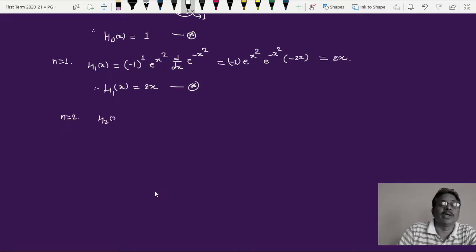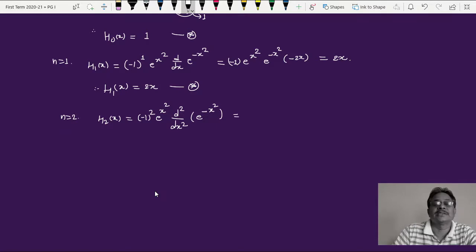Okay, h2 of x is equal to, now it is minus 1 raised to 2 into e raised to x square, d square upon dx square of e raised to minus x square. So can you write this as, minus 1 raised to 2 is 1, no need to write this here. So e raised to x square, I can write this as d by dx of, again in the bracket, d by dx of e raised to minus x square.